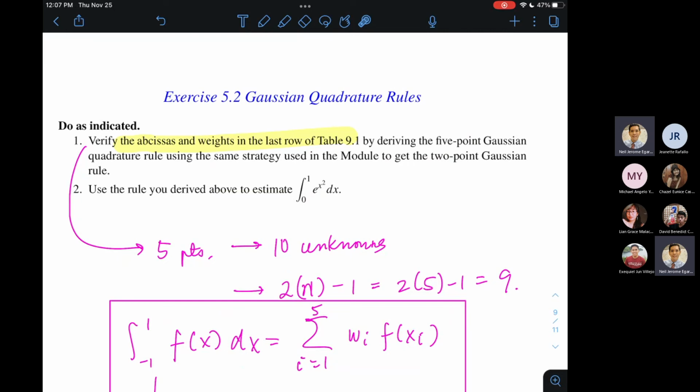Oh, by the way, holiday nga ba ng November 30? Tama, no? Holiday ng November 30. So we will not meet live, pero I want to still keep the synchrony between the two lectures that I am handling. So what I'll do is I would request you to either attend the section B meeting on Wednesday.